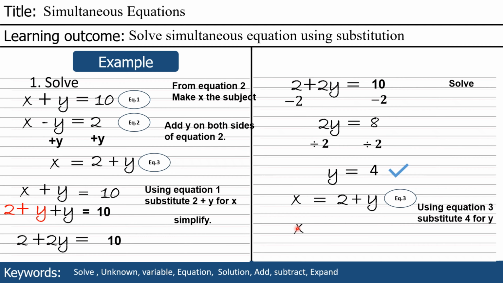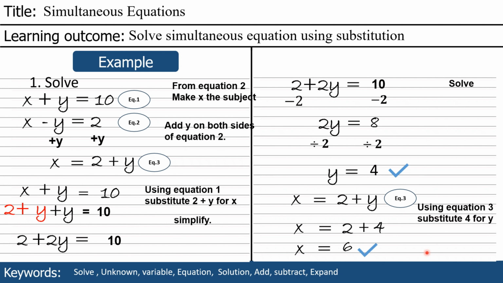Okay, so x equals 2 add 4, and 2 add 4 is 6. This means y is equal to 4 and x is equal to 6.